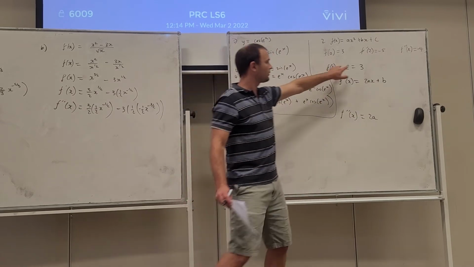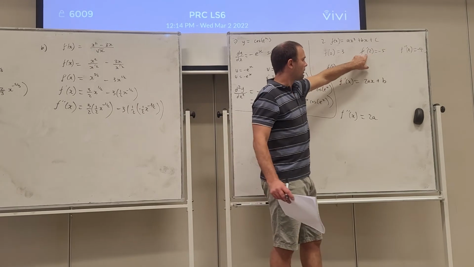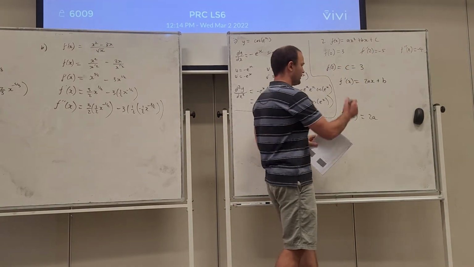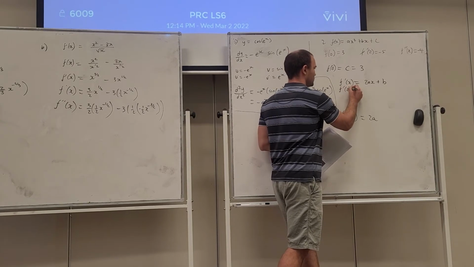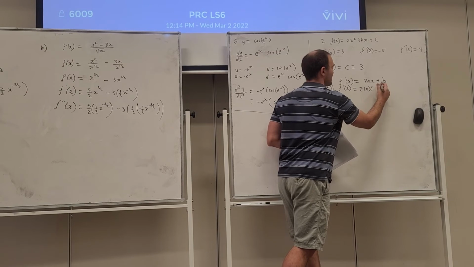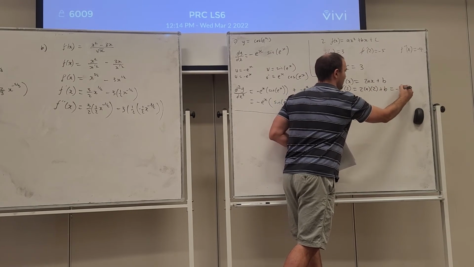Alright, let's utilise both of these pieces of information and process it to get the unknown values. We've got when x is 2, f dash is minus 5. Let's put that in. f dash of 2 equals 2 times a times 2 plus b equals minus 5.